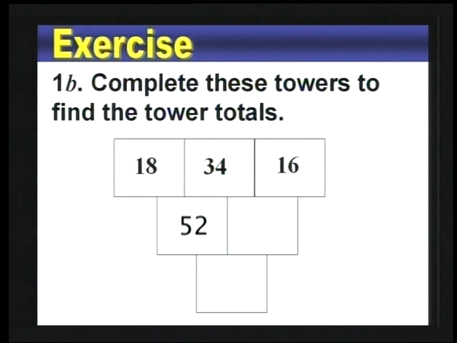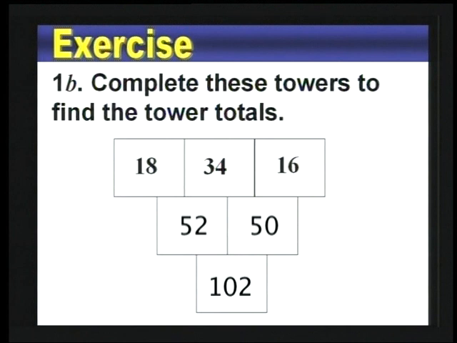What goes in the second one? 50. Okay. 34 plus 16, which is 50. What goes here? 102. Okay. Students, you should have that for 1B.